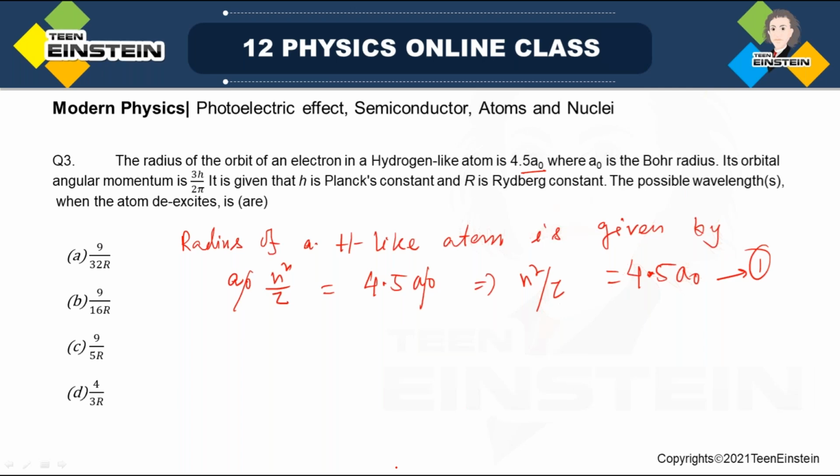Now another hint given is the orbital angular momentum in that orbit. I cannot decide the orbit unless I know n, and Z also we cannot put any value unless we know the atomic number. So look, according to Bohr's quantum condition, the orbital angular momentum will be nh by 2 pi, and that is equal to 3h by 2 pi.